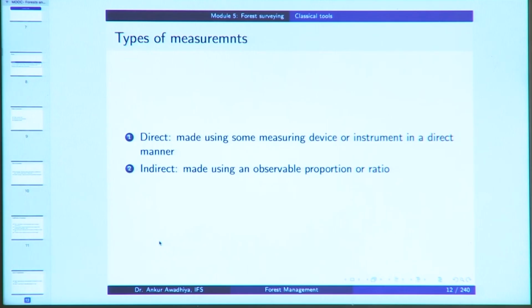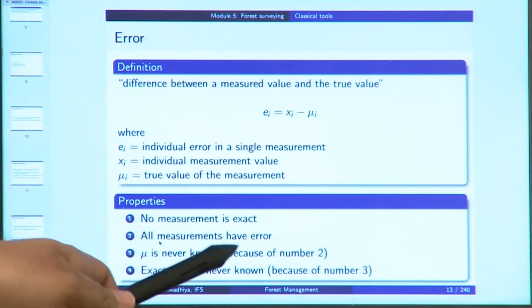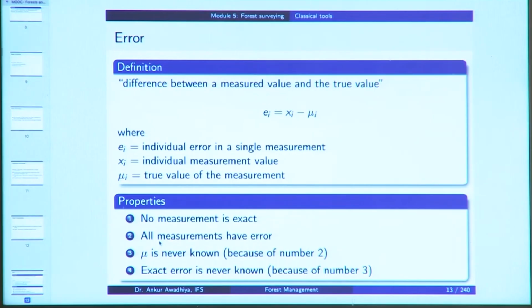Now, measurements can be direct measurements made using some measuring device or instrument, or indirect measurements that are made using an observable proportion or ratio, such as the stick and shadow method. Then we defined error as the difference between a measured value and the true value, and the properties are that there is no measurement that is exact, all the measurements have some error, and because of this error you can never know the true value of anything.